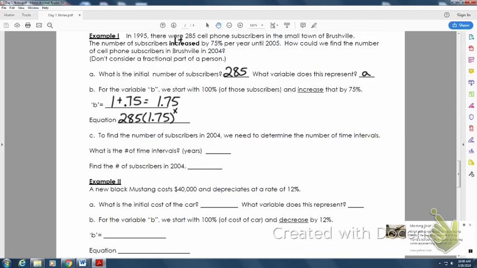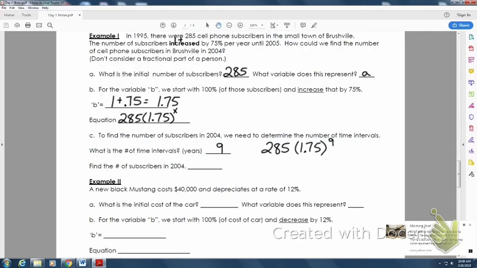Question C is saying, to find the number of subscribers, we need to determine the number of time intervals. That just means, how are they measuring time in this problem, which is years. So how many years would it be from 95 to 2004? 9 years. So I could take my equation and raise it to the power of 9 instead of the power of x.